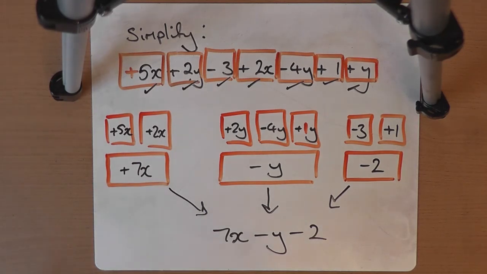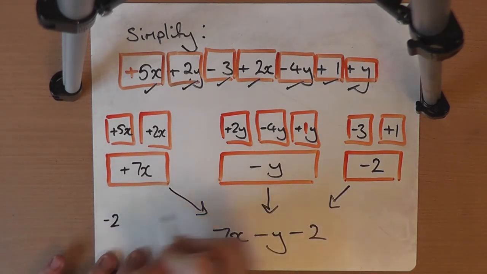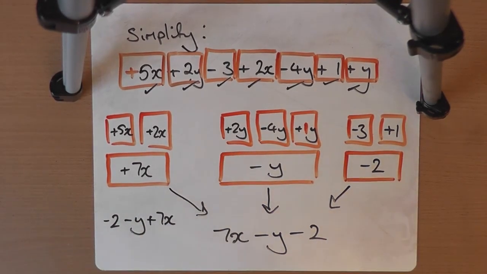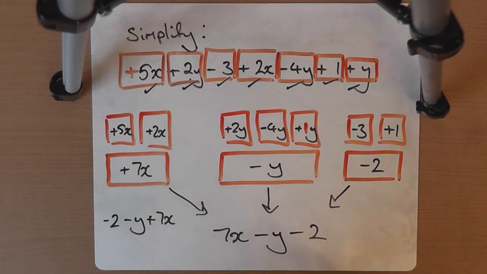So you could alternatively have written this as minus 2 minus y plus 7x, and that would be perfectly valid. We tend to go with the letters in alphabetical order still, so the x term first because that's the first alphabetically, then the y term because that's the second alphabetically, and then put the numbers on the end. But it is perfectly valid to write minus 2 minus y plus 7x.